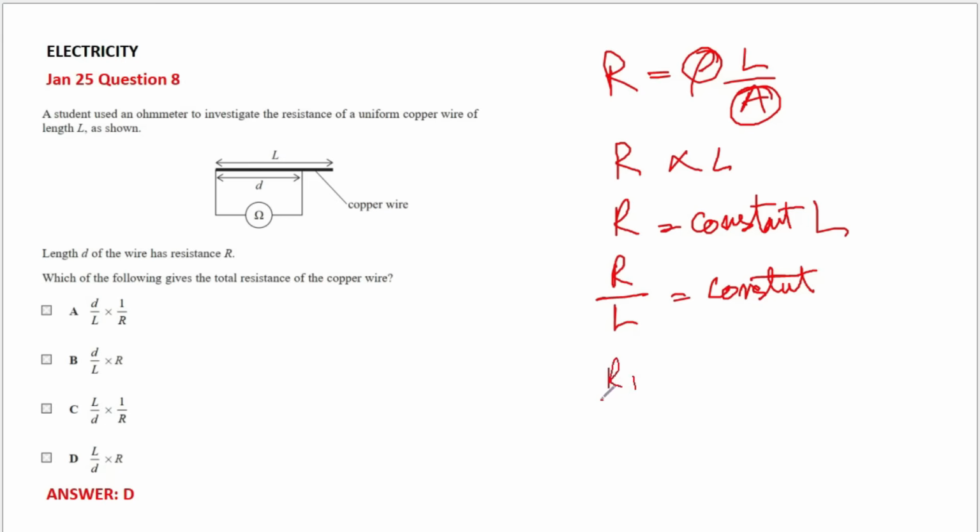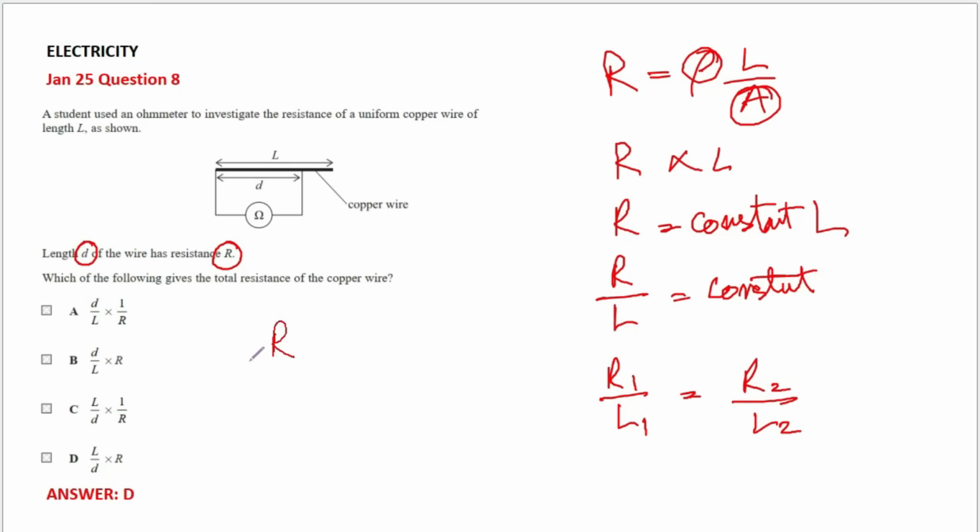So R1 by L1 should be equal to R2 by L2. And yes, that's where you have to plug in the values. So let's call this R1. R1 is R, and R corresponds to the length D, right?